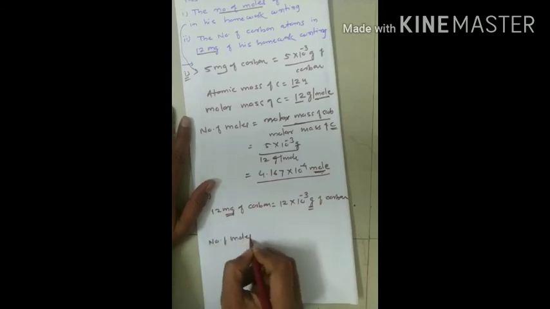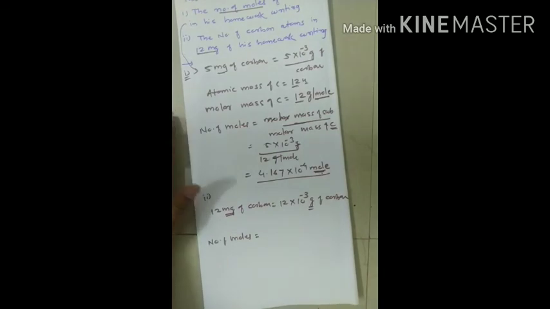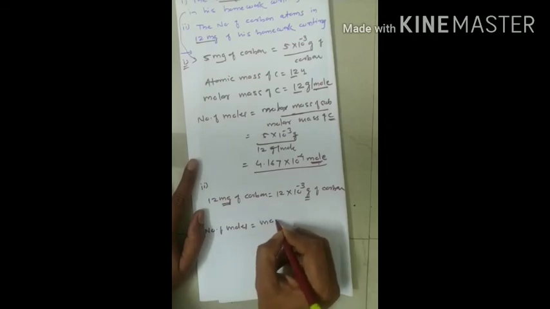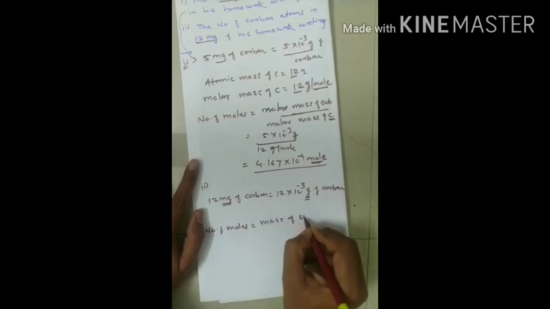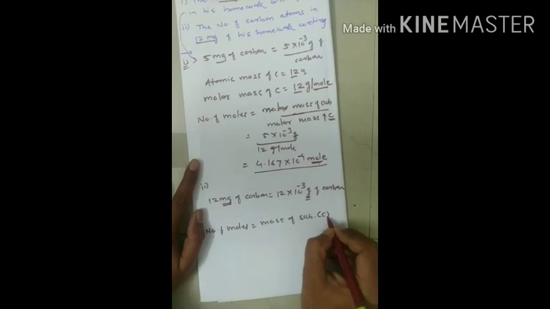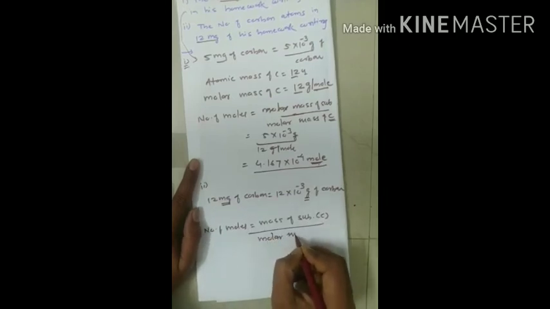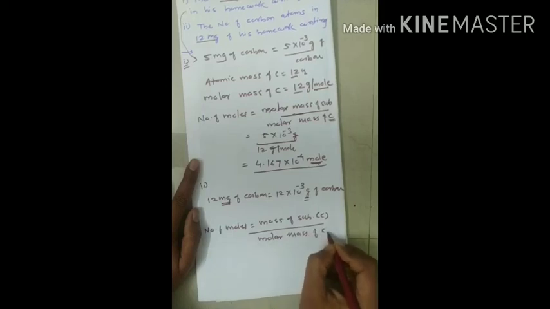The values are changed, so we will solve it again. It is the mass of the substance, in this case carbon, divided by the molar mass of carbon only.